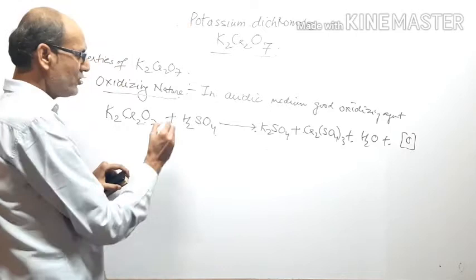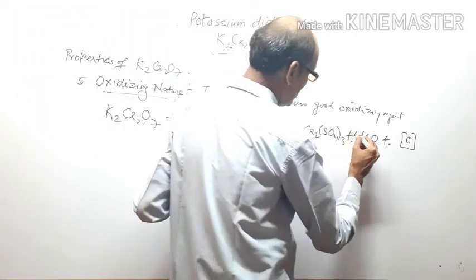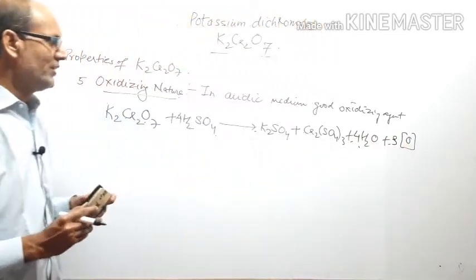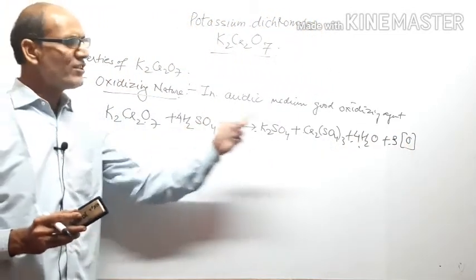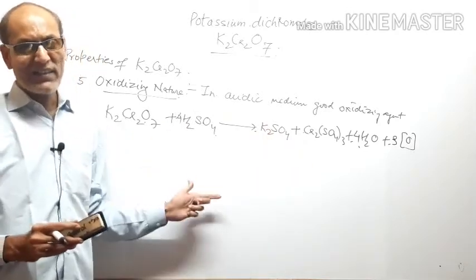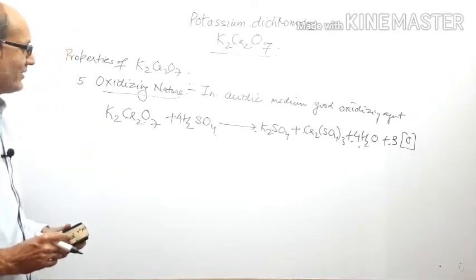For balancing the equation, we have to use 4 and here 4. 3 nascent oxygen will be formed.